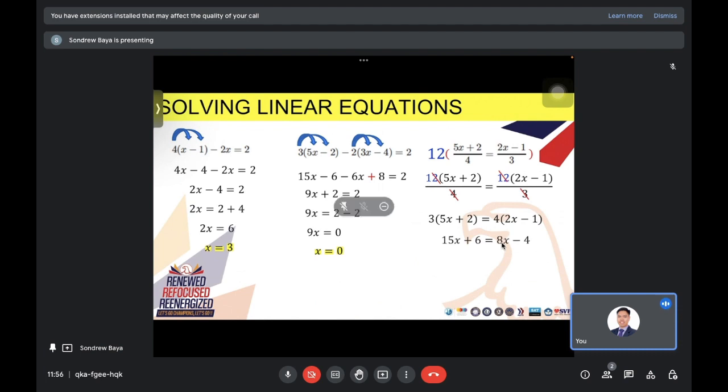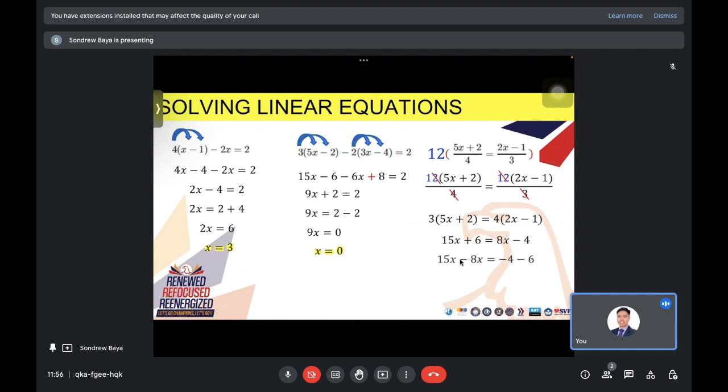And the best strategy is to put all the x's at the left side so that 15x and 8x combined, when you transfer 8x to the other side, it becomes minus 8x. When you combine 15x with negative 8x, it gives you a positive 7x, something that is easy to operate.